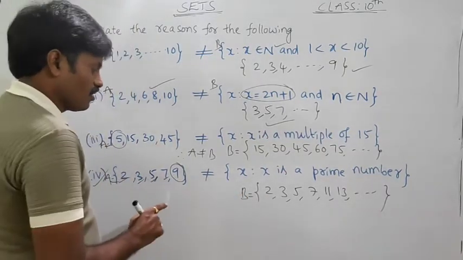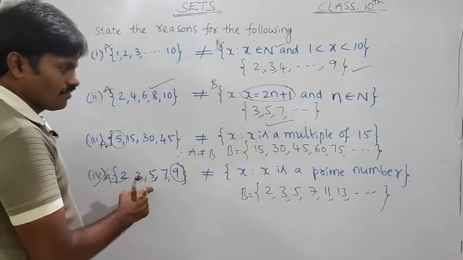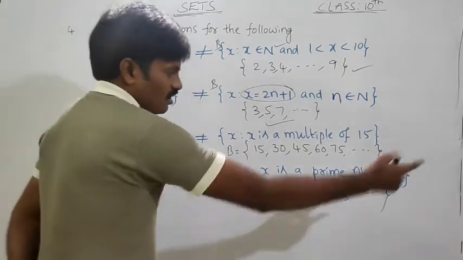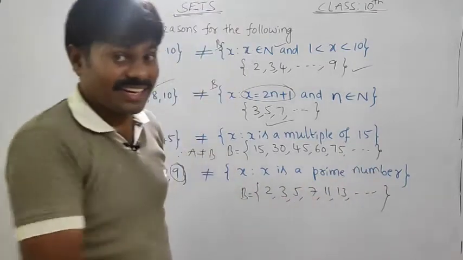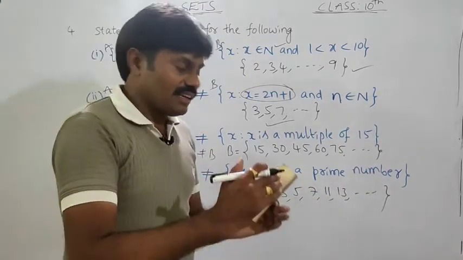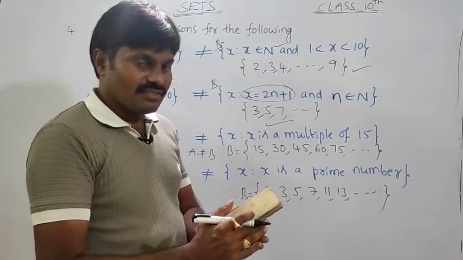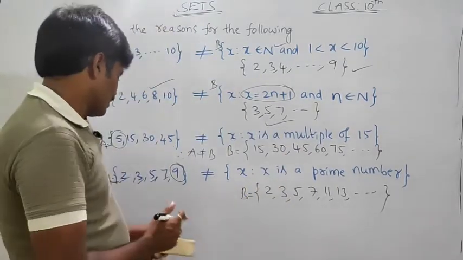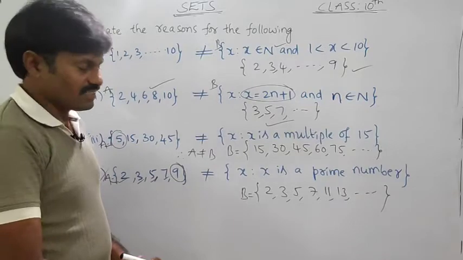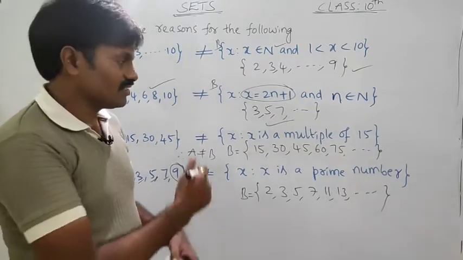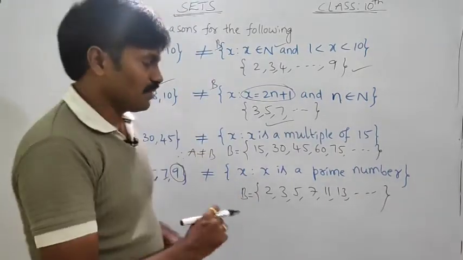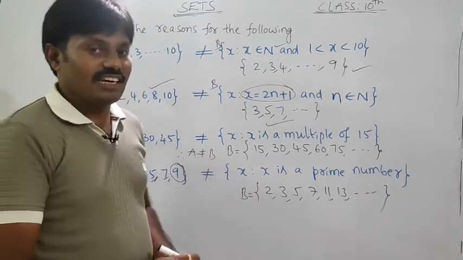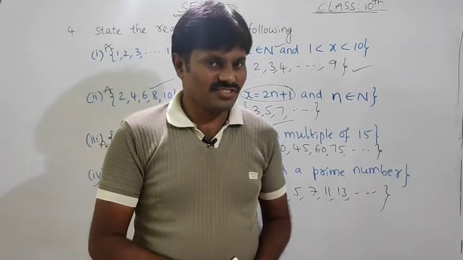And also one more reason is that it is a finite set. The number of elements is countable, but here it is 'and so on'. x is a prime number, they have not given any condition, either x is less than 13 or x is less than 20, like that, not given. So these two are not equal sets. This is the reason. So like this you have to write the reasons in statement form along with these list forms. Is it clear, my dear students?